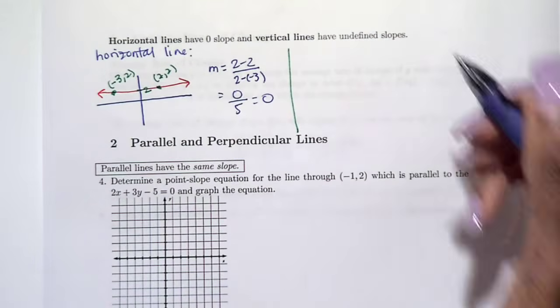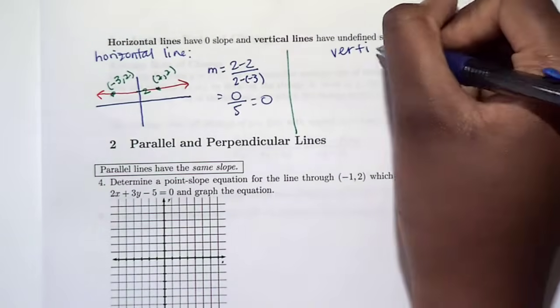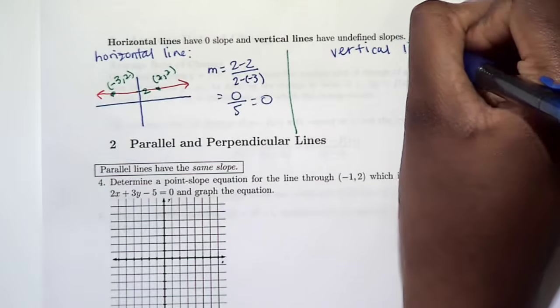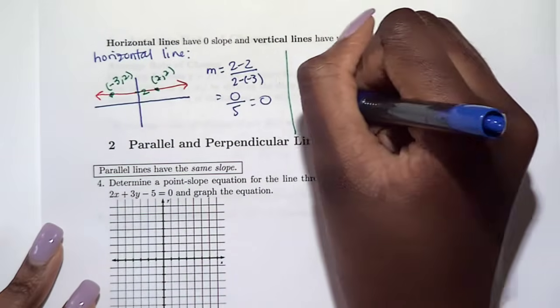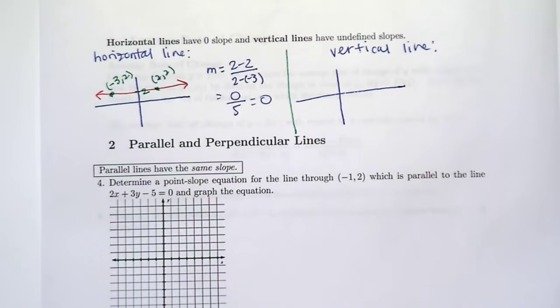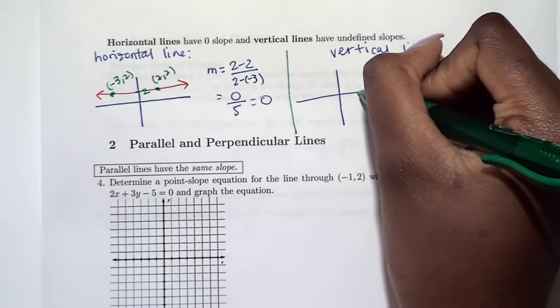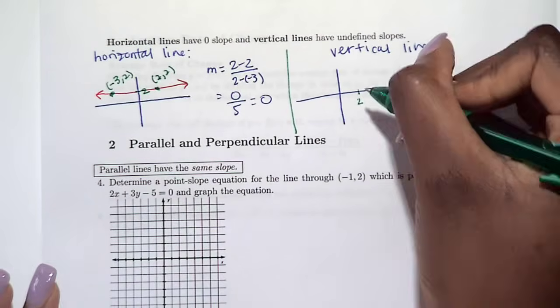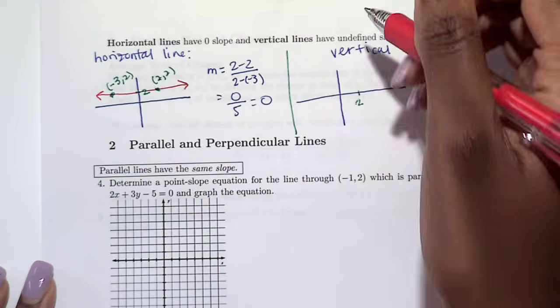Alright, so now let's look at a vertical line and talk about why the slope is undefined. You can probably guess why. Okay, so let's say we have a vertical line. Let's do something easy. I'm going to choose x equals 2 here to draw our vertical line.